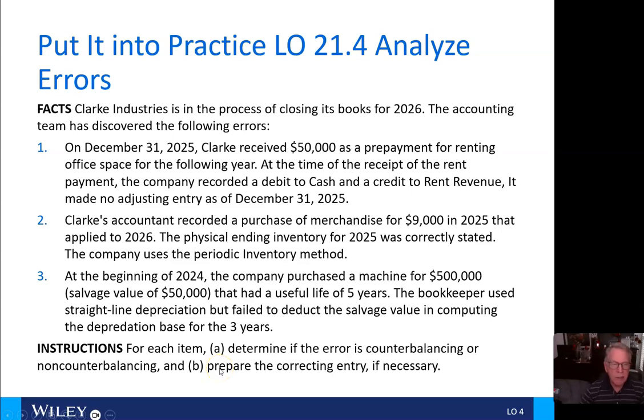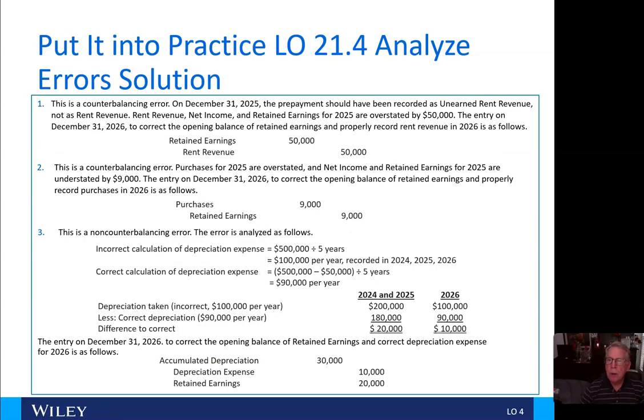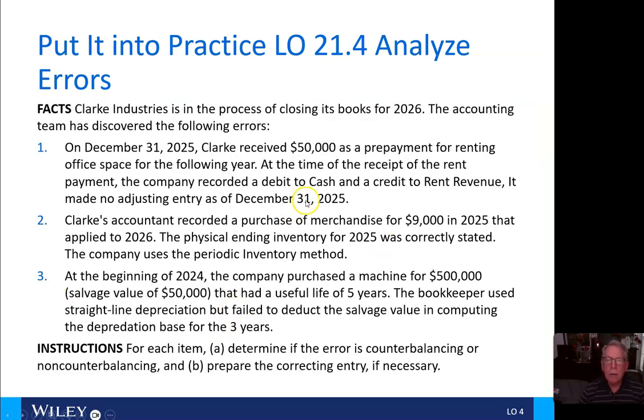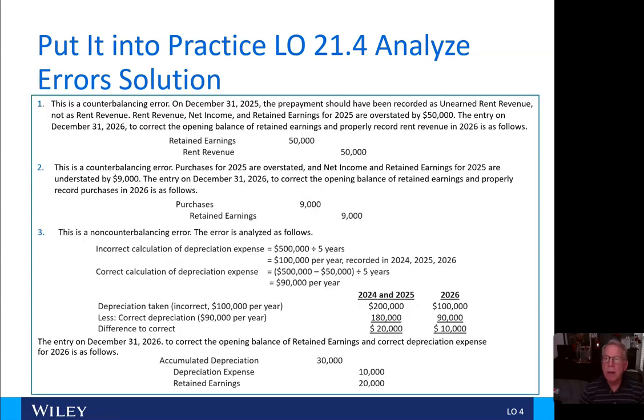If we look at number one here, that was where we received the prepayment. That is a counterbalancing error because on December 31, 2025, the prepayment should have been recorded as unearned rent revenue, not revenue, as pretty obvious.